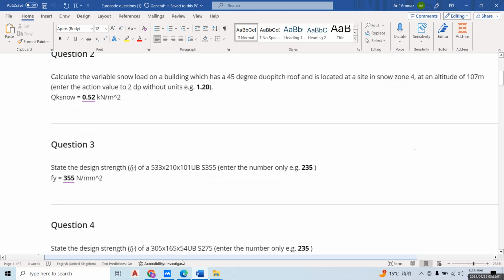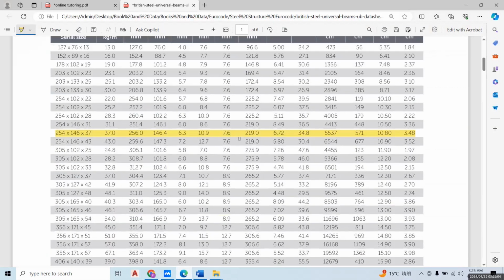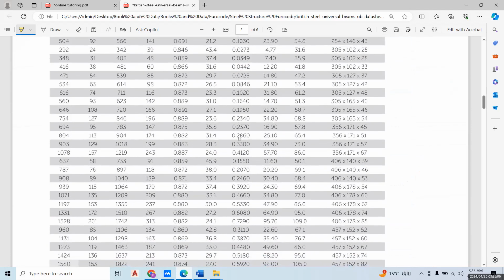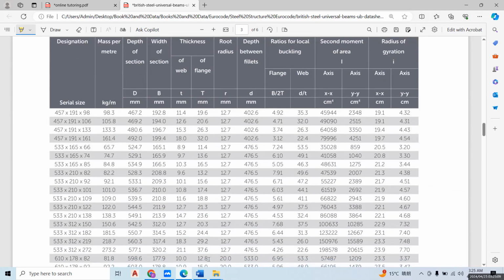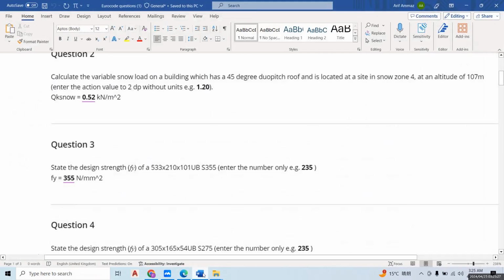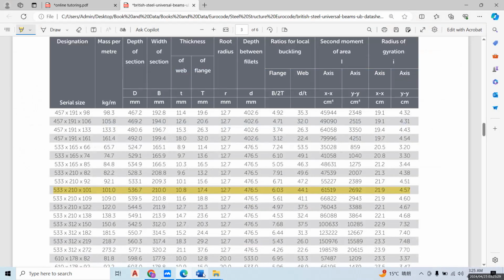533, 210, and 101. Okay, this one. You see that the thickness of flange is 17.4.